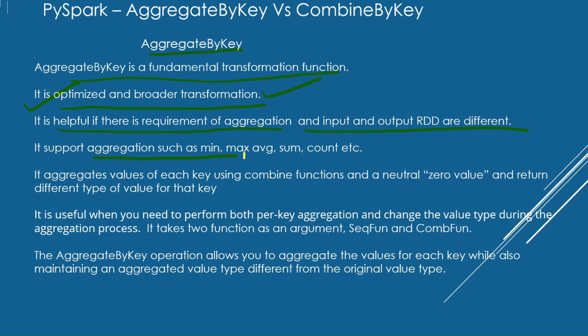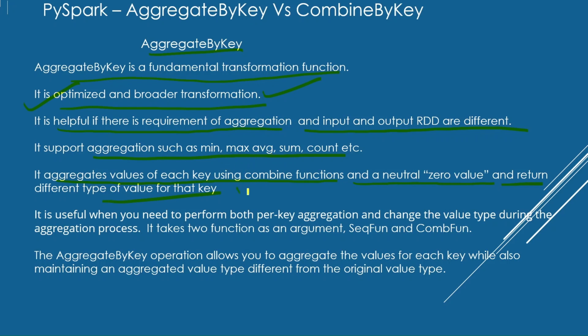The aggregations supported are mean, max, average, sum, etc. It aggregates the value of each key using a combine function and a neutral zero value, and returns a different type of value for that particular key.